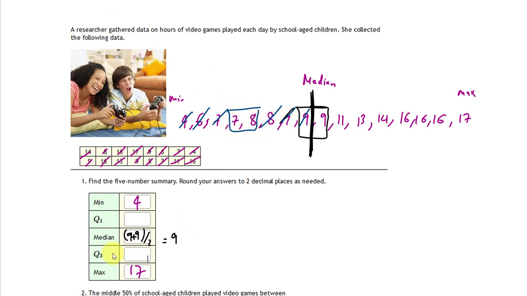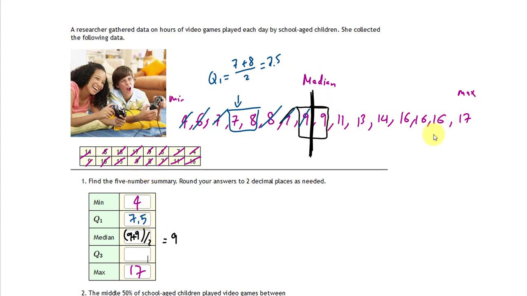So in order to find Q1, you take 7 and 8 and add them together and then divide by 2. 7 plus 8 is 15, divide by 2 is 7.5. So that is your Q1.